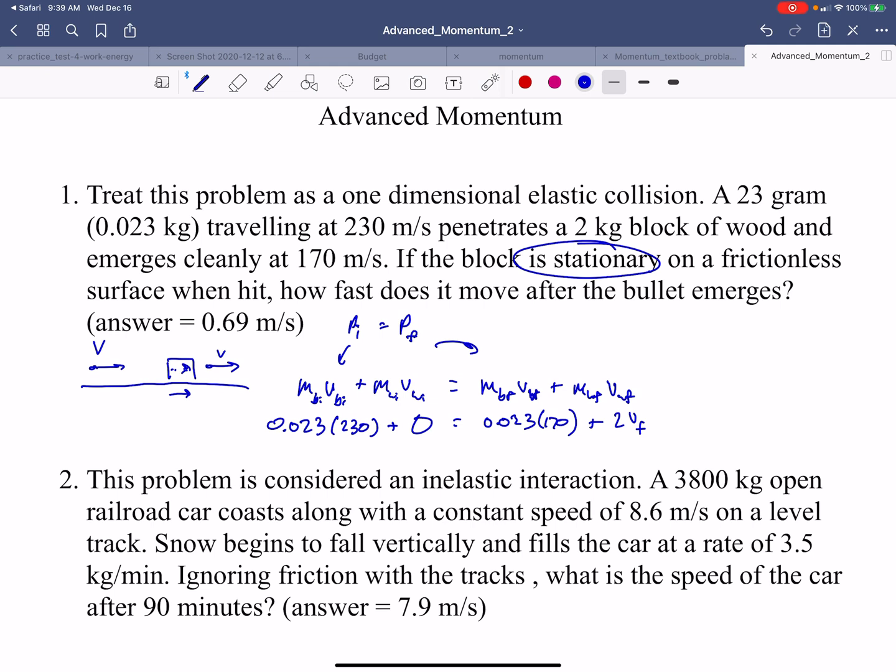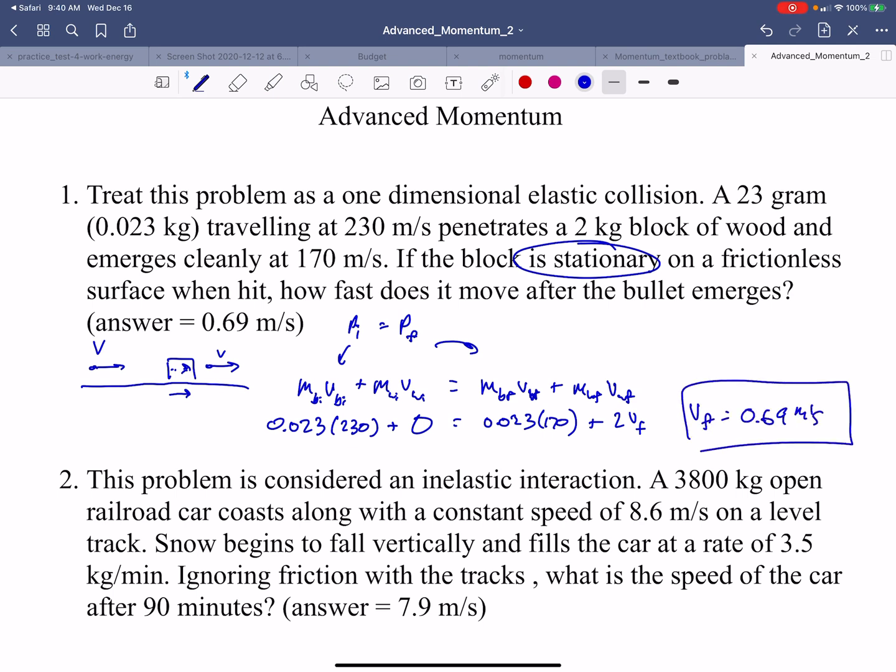Now it is basically just a straight calculation question. So 0.023 times 230 equals 0.023 times 170 plus 2 times V final. Solving, divided by 2, equals 0.69. So V final equals 0.69 meters per second.